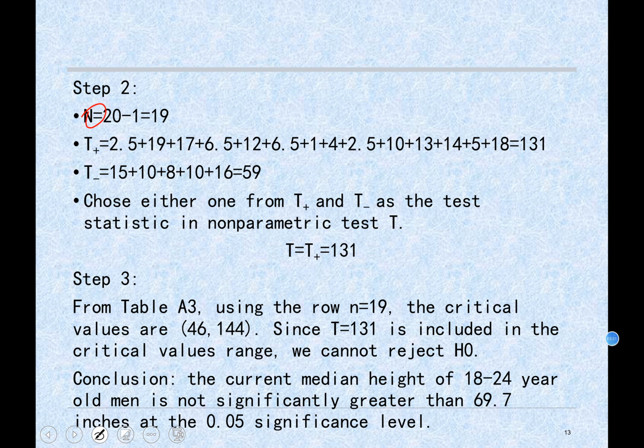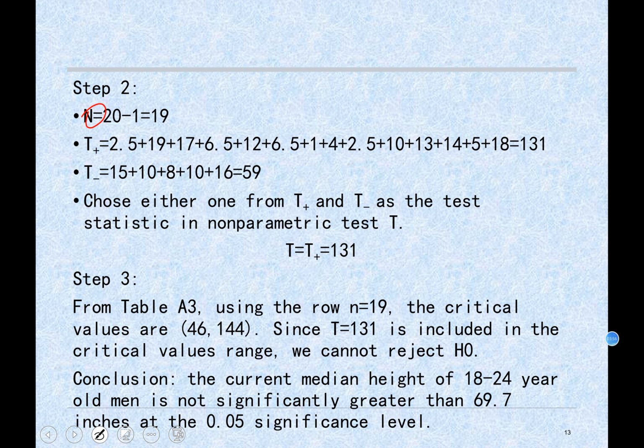We have 20 men in this example. But when we calculate the differences, we get a 0. So we omit the 0. So the sample size should be n minus 1. That is 19. And we finished the calculation of T plus and T minus.